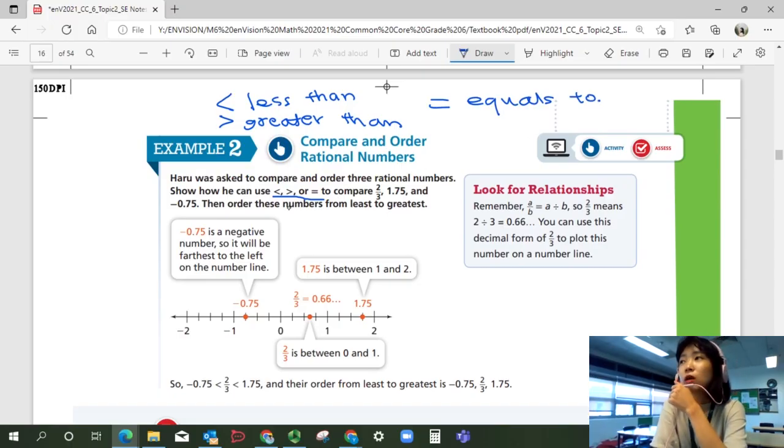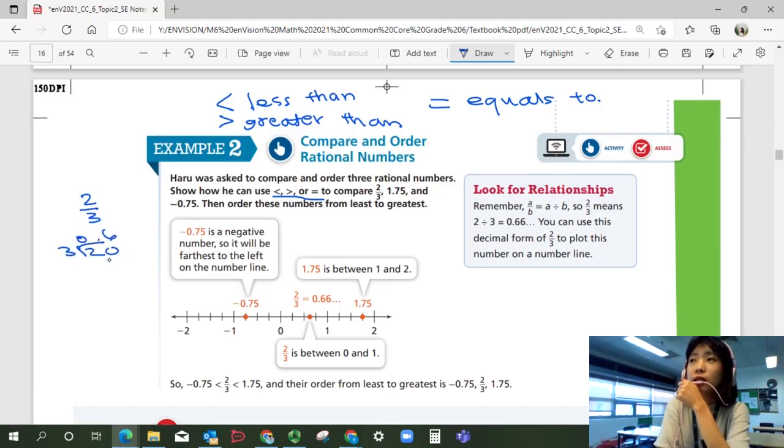Okay, so let's compare these numbers. 2/3, what is that in decimal? You divide 2 by 3 and you get 6 and 6 and 6, right? And so on. So 2/3 is 0.666 repeated, and that's between 0 and 1. And this is in fourths, 1/4, 1/2, 3/4.